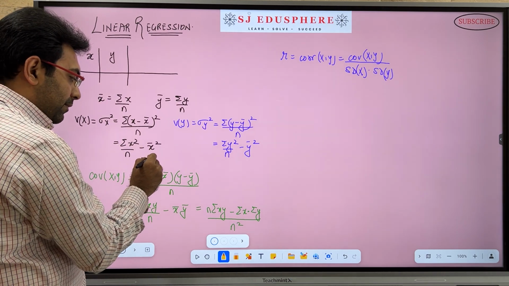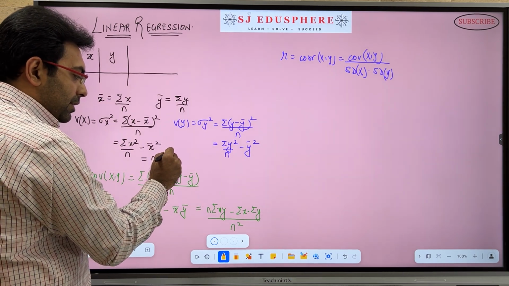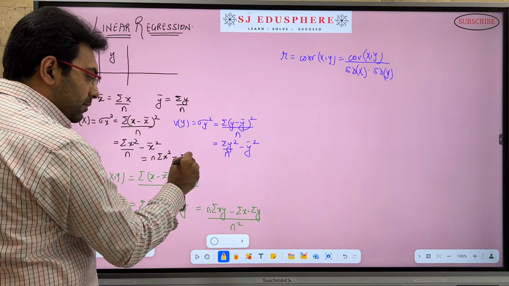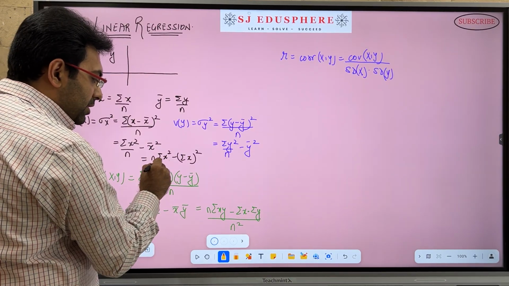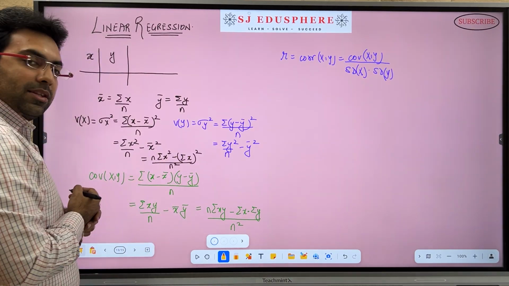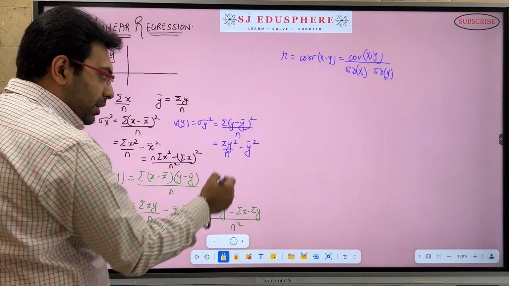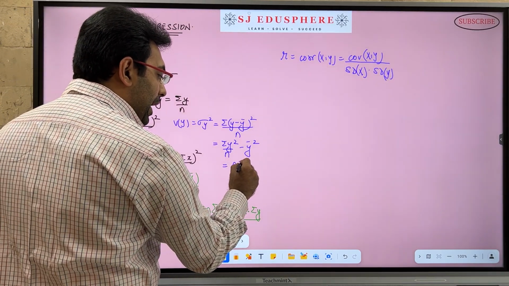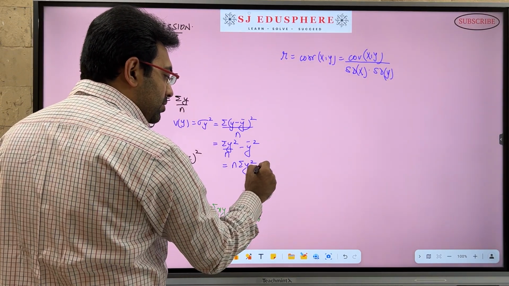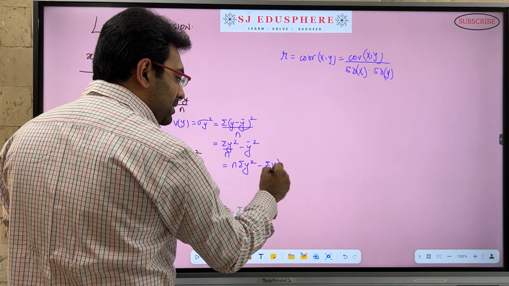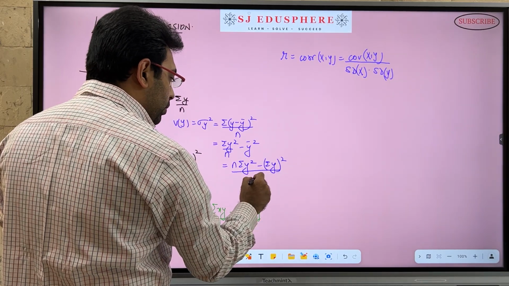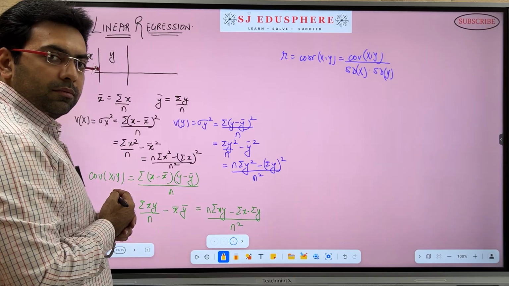That will give me n summation x square minus summation x the whole square over n square. And similarly, this will be n summation y square minus summation y the whole square over n square.